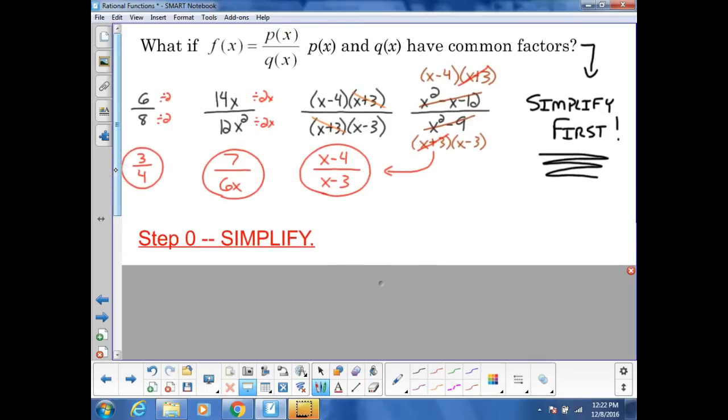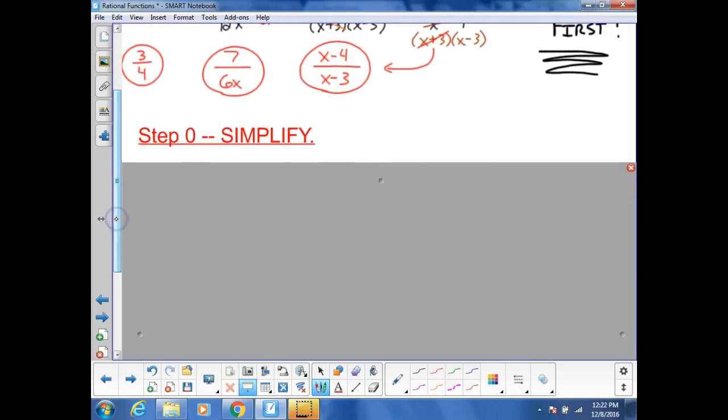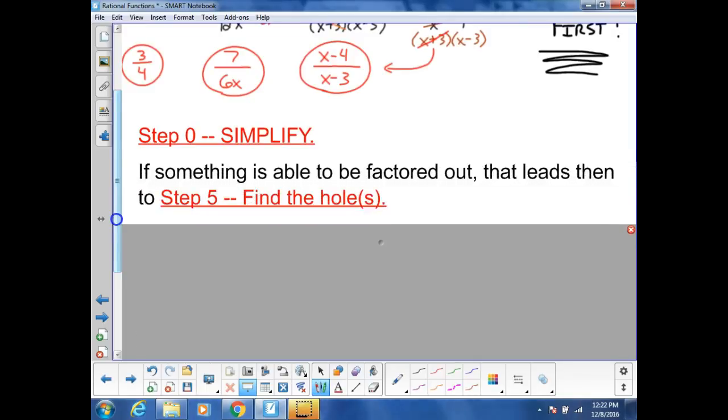Have we had any that have done that yet? No. Because what, Matt, does simplifying do? Simplifying leads to step number 5, which is finding holes in your graph. So if something is able to be factored out, that then leads to step number 5, which is finding the holes.